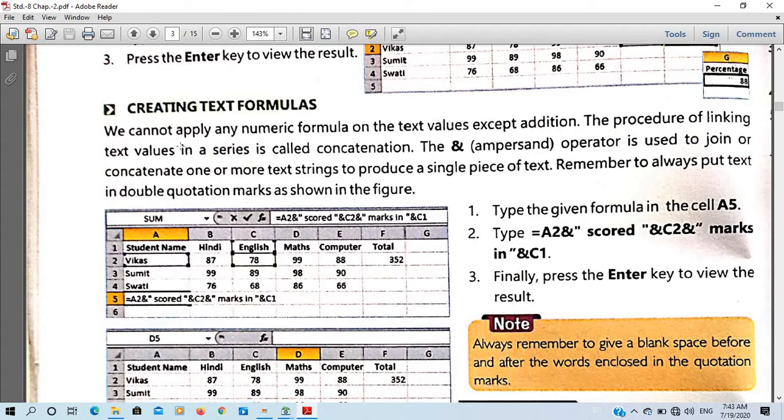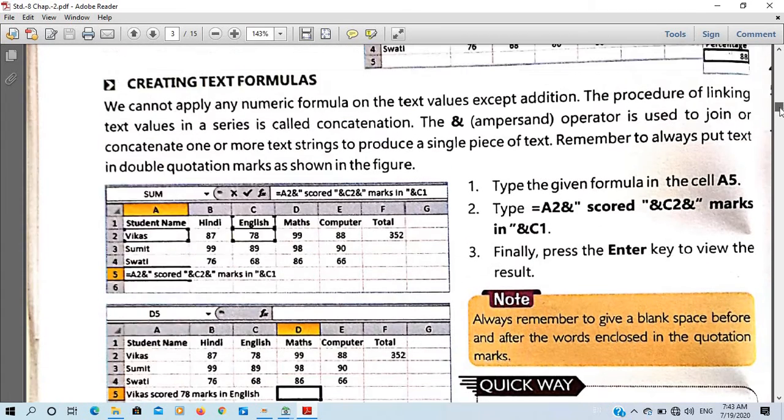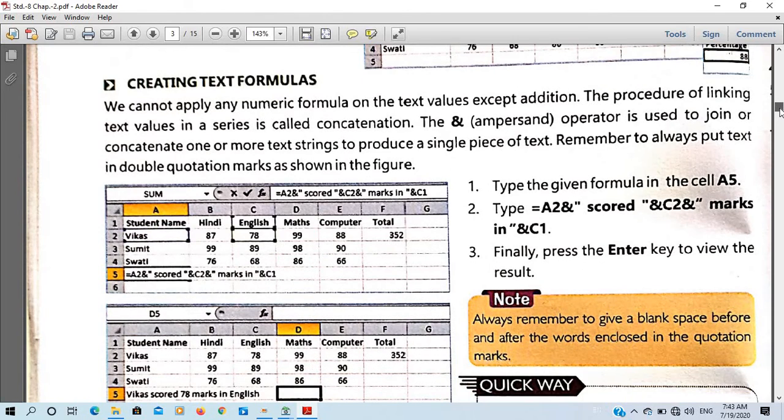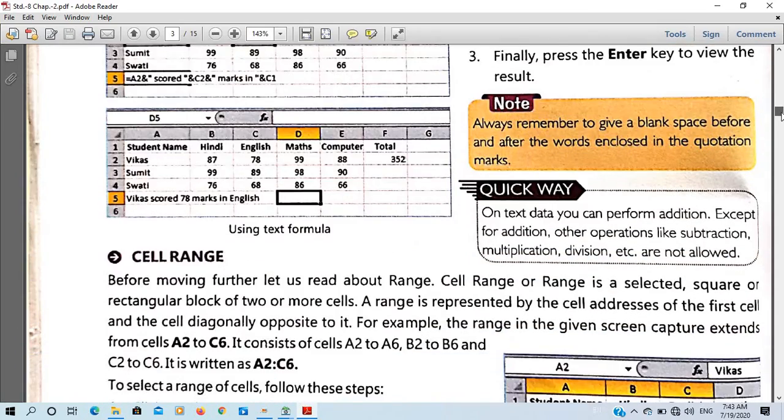Text formulas are the formula which work on text, means it joins two sentences, two words, or two cells having text written in it, not the numbers written in it. So a text formula is a formula which does operation over text. This is the difference only. Text formula is formula which does operation over text, and the numeric formula are the formula which do calculation over numbers, or do operation over numbers.